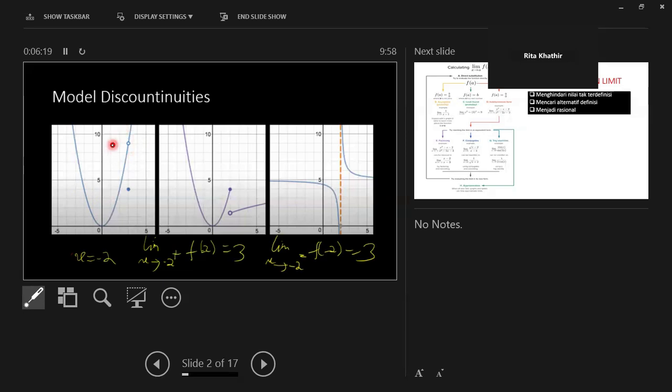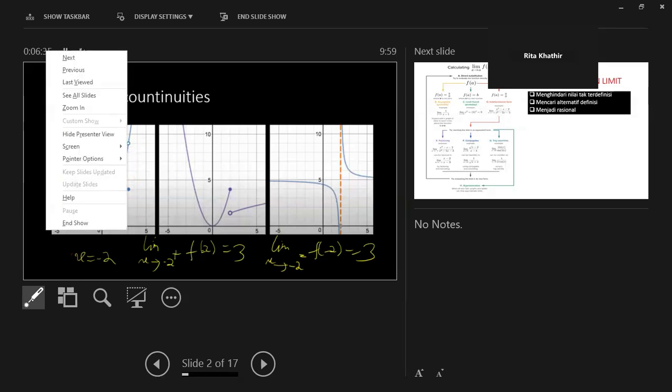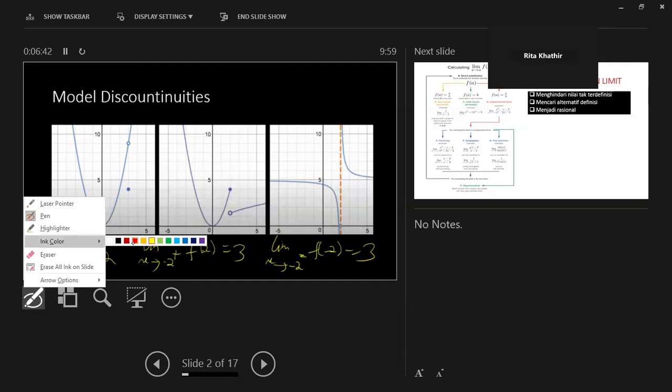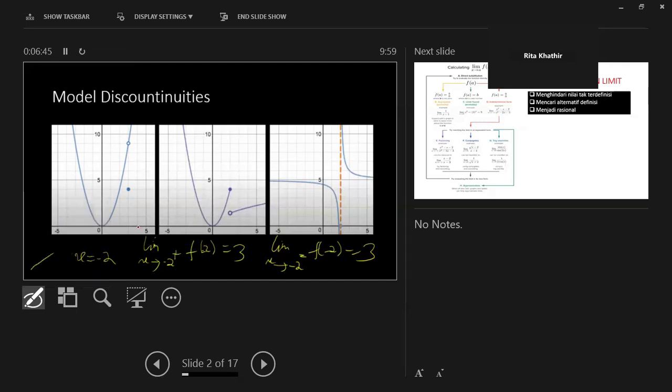Because, like, you want to put the value of x approaching 3, here is x equals 3. 1, 2, 3.